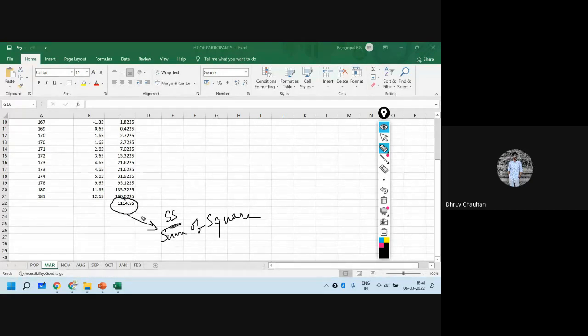Yes, sir. So please remember this word SS. I will show you this in ANOVA. Sum of squares means just the square of each individual value's distance from the mean, and then adding the squares.